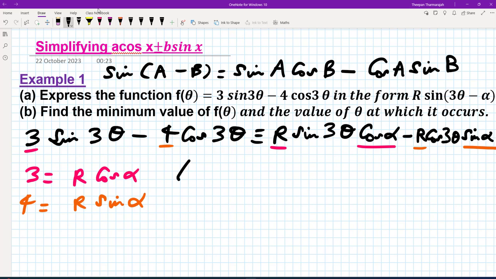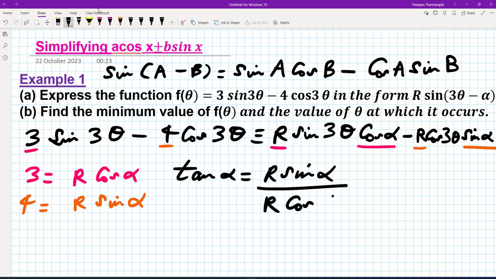So we can find tan alpha in the usual way by doing r sine alpha divided by r cos alpha. So we end up with tan alpha being 4 over 3. Then we're going to arctan that.